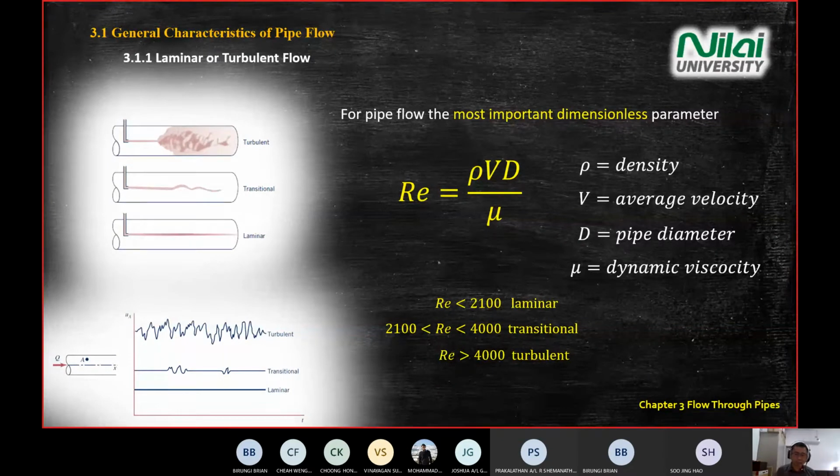So remember 2100 and 4000. If you get anything below 2100, it is laminar flow, then you use the laminar flow equation, very direct. If you get anything more than 4000, you straight away use the turbulent equation. And if the number falls within the transitional range, you just need to state the stage of the flow.